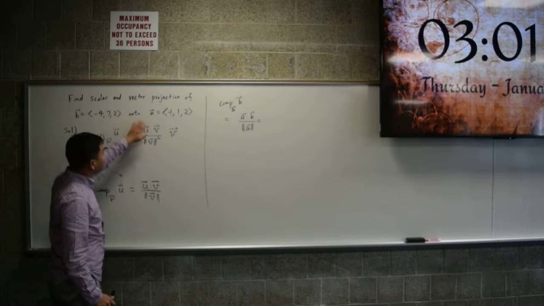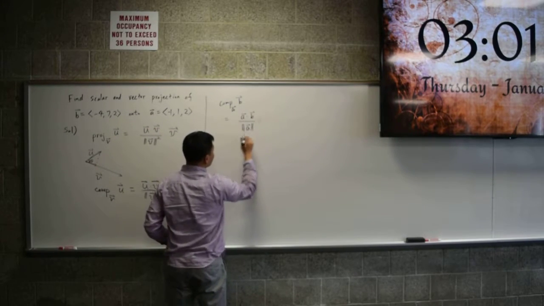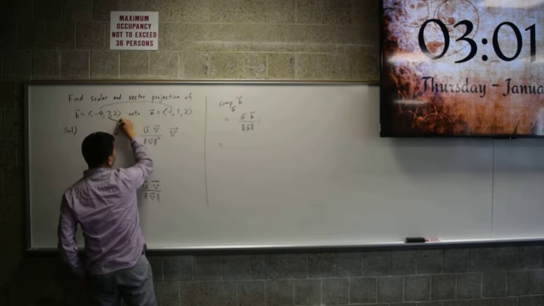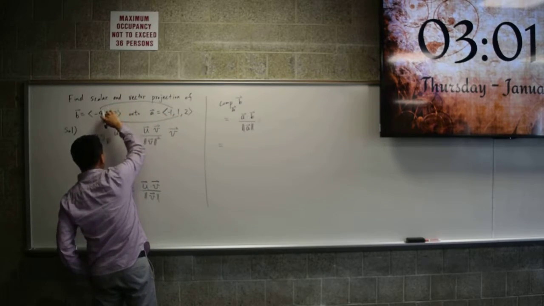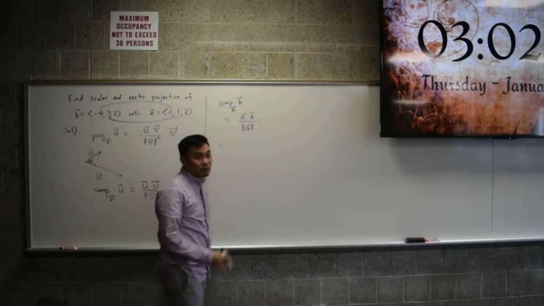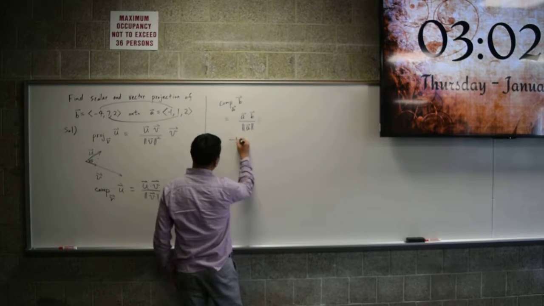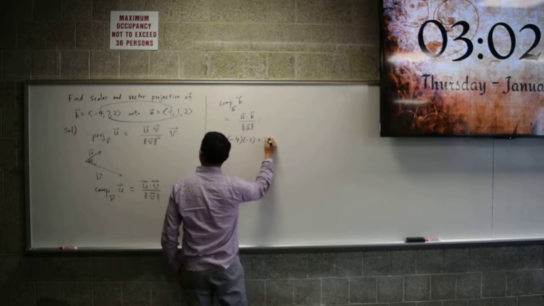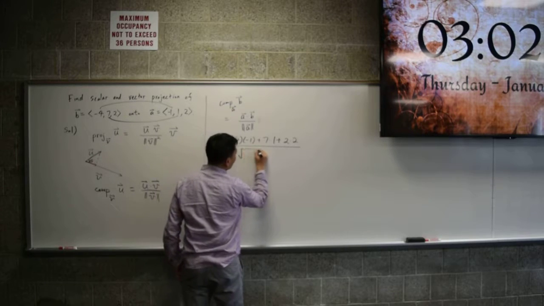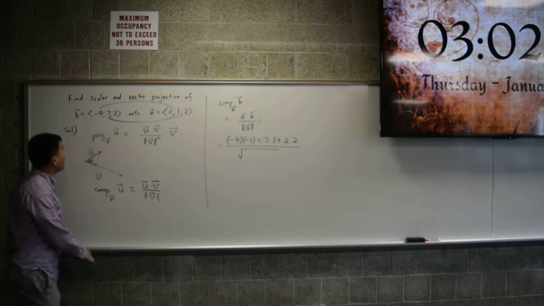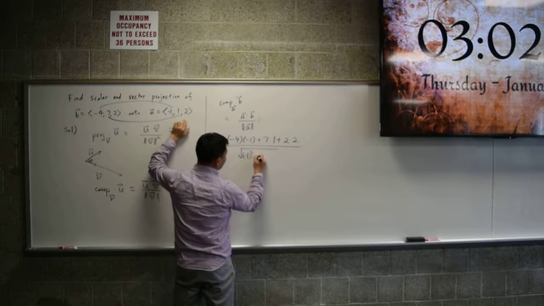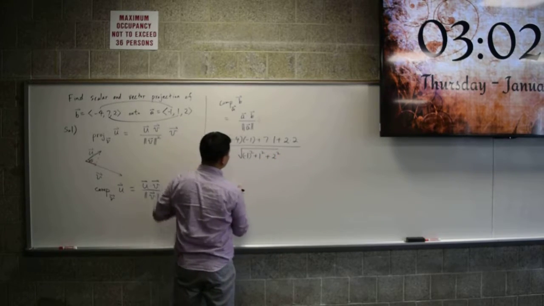Now we have to find the dot product of these two. You do component-wise multiplication. X component times X component, Y component times Y component, z component times z component, and after that you have to add them. So you have -4 times -1, plus 7 times 1, plus 2 times 2, over square root of, now we need the length of A. It's -1 squared, plus 1 squared, plus 2 squared.